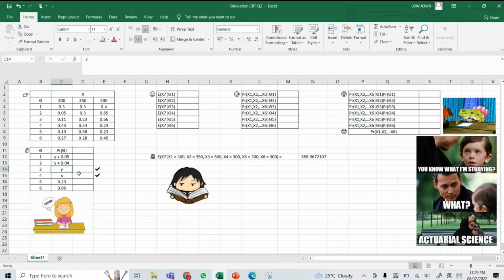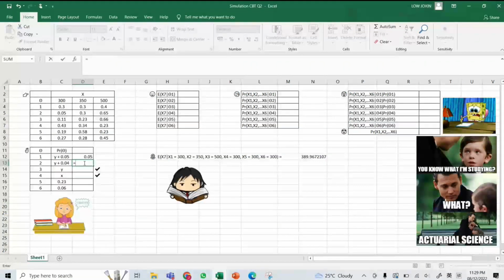So first we will assume that we already know what y is. If we already know y, then this is equal to y plus 0.05. And this will be equal to y plus 0.04.